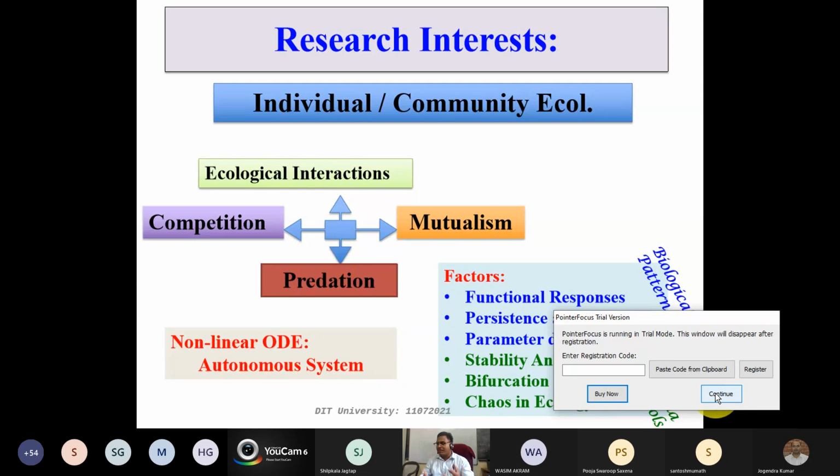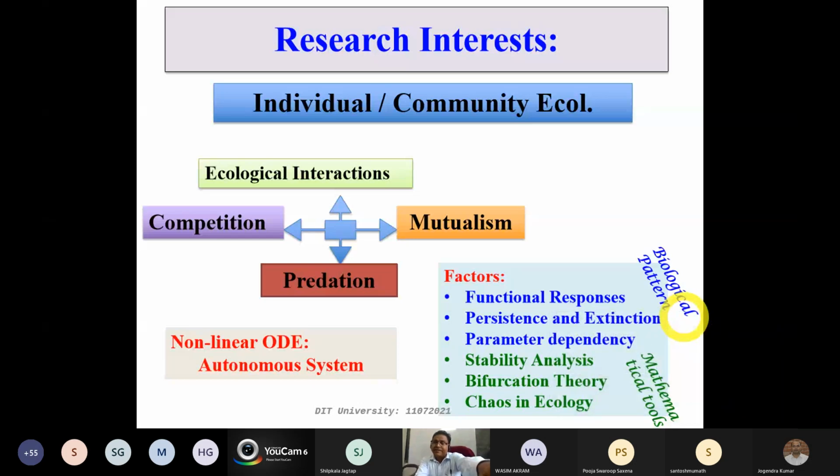So a good model must be simple enough to be mathematically tractable, but complex enough to represent the system realistically. And that's what mathematical ecology lacks sometimes, and most of the time it lacks.